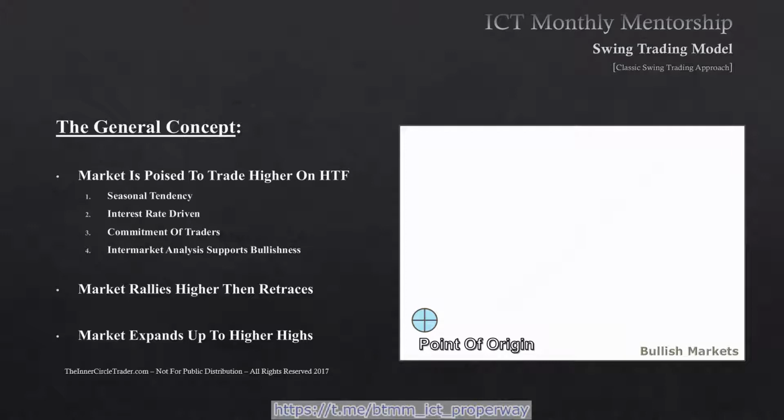But for instance, for this simple classic trading approach model that we're outlining here, the market is already going to be predisposed or poised to trade higher on the higher time frame. Now, this could be arrived at and determined by your analysis in the form of looking at the seasonal interest rate driven. Obviously, this would always be involved in your trading. Commitment of traders report or data. In other words, large commercial traders, are they net long on Swiss franc?